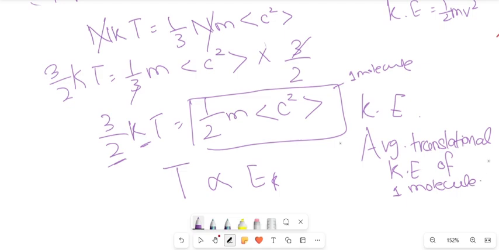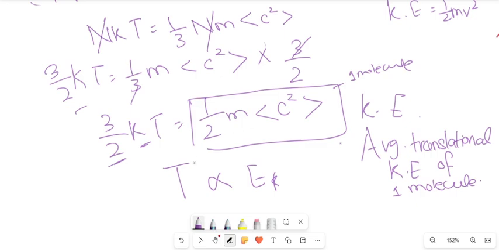So what we do, we take this formula PV equals nRT, PV equals NKT, and then PV equals 1 by 3 Nm C square. We put them together. We want to see the average translational kinetic energy, and we have to make it similar to 1 by 2 mC square. I introduce 3 by 2 to make it 1 by 2. I do the same on the left side as well. I get 3 by 2 KT, since K is a Boltzmann constant, 3 by 2 is a constant, 1 by 2 is a constant.